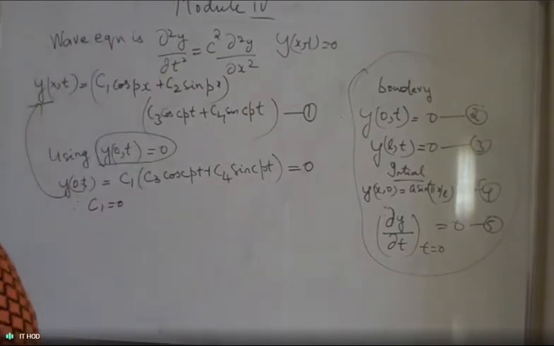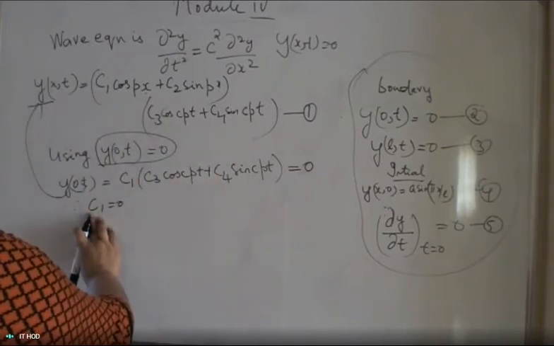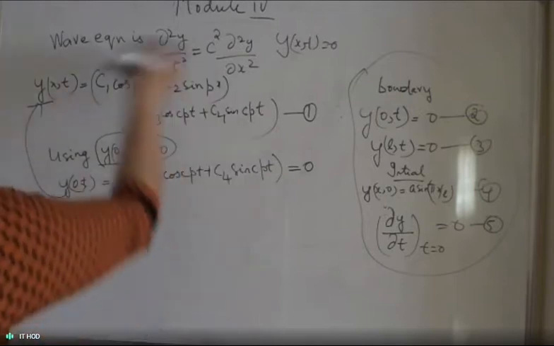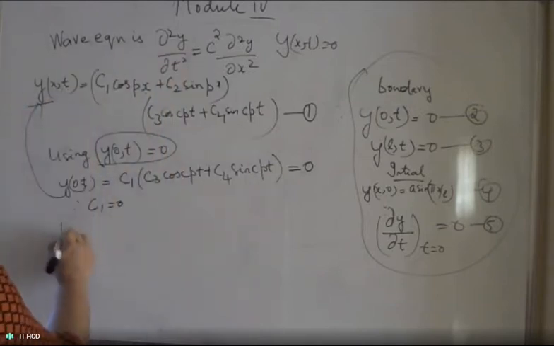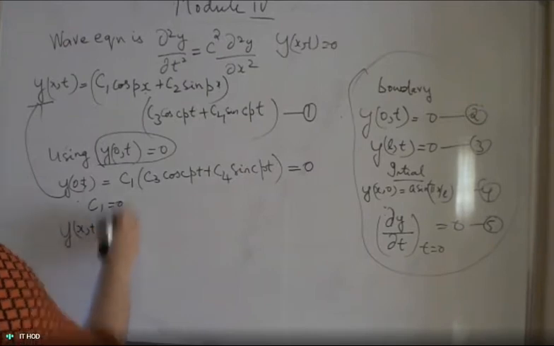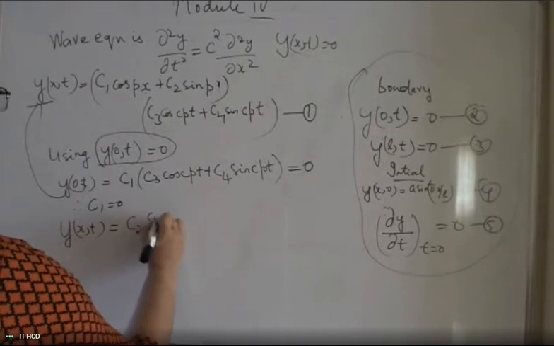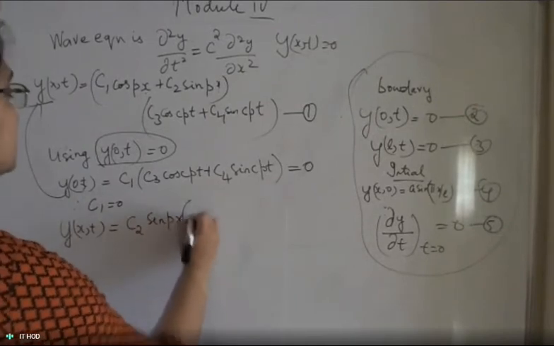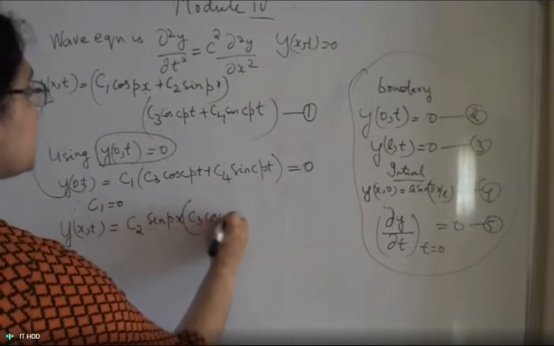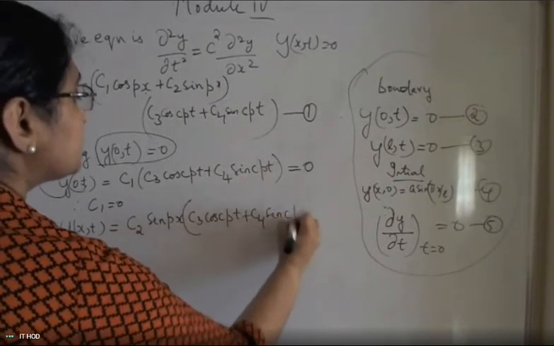Now our solution becomes, since C1 equal to 0, we go back to y(x,t) and write y(x,t) is equal to the remaining part, sin px into (C3 cos cpt plus C4 sin cpt).